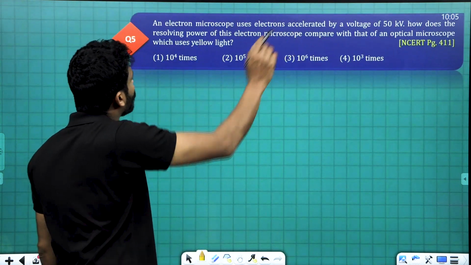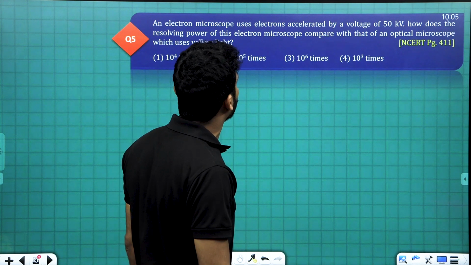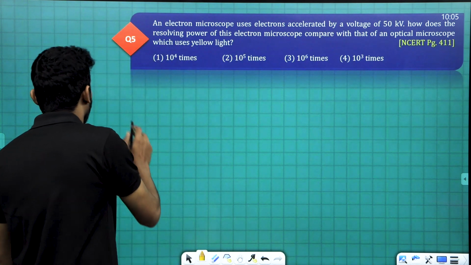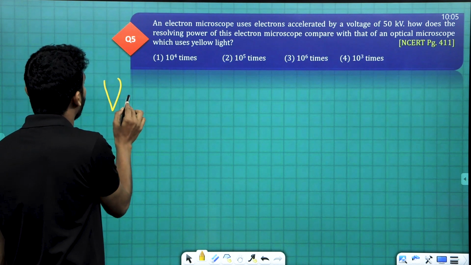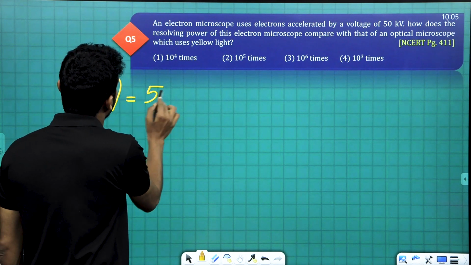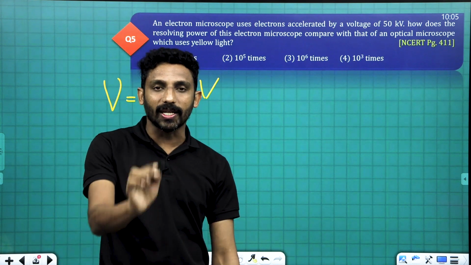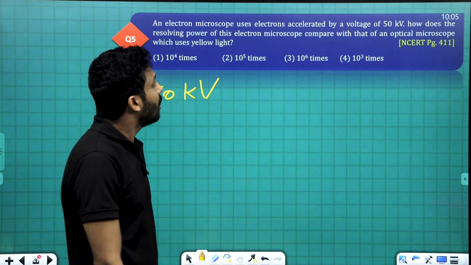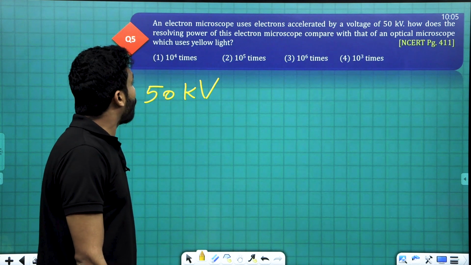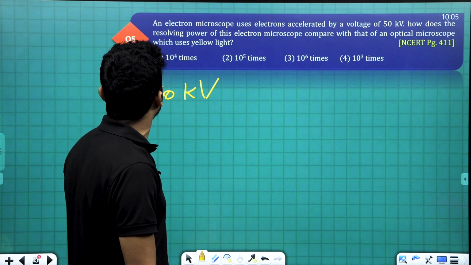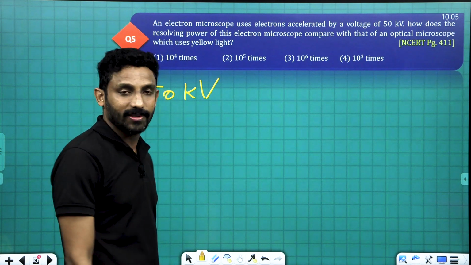An electron microscope uses electrons accelerated by a voltage of 50 kilovolt, that is 50 into 10 raised to 3 volt. How does the resolving power of this electron microscope compare with that of an optical microscope which uses yellow light?